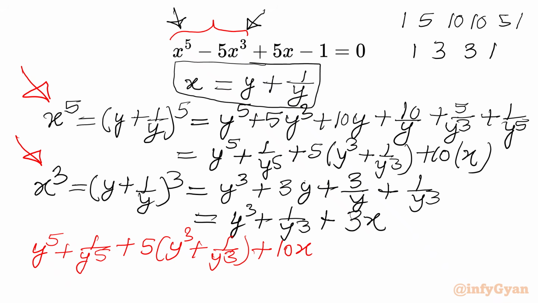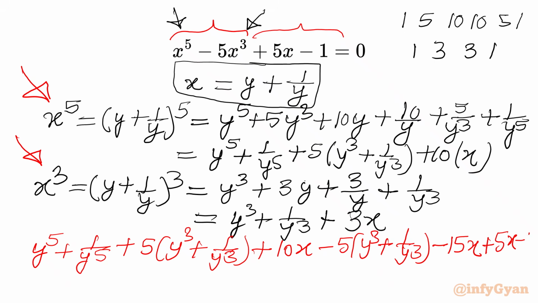This is x power 5 only. Minus 5x cube. Let's multiply x cube by minus 5. Minus 5 times y cube plus 1 over y cube. Minus 5 times 3x, minus 15x. Then we have 5x minus 1. So we will write here plus 5x minus 1 equal to 0.